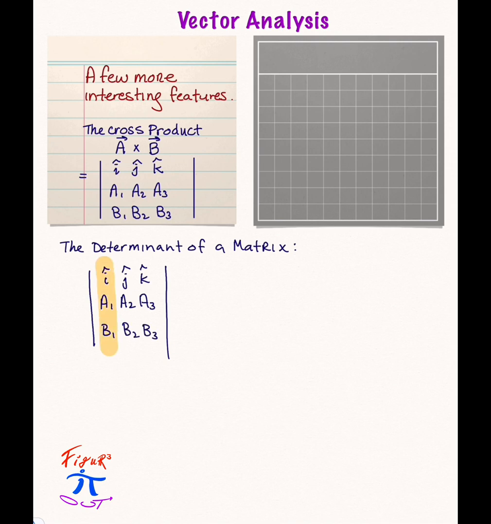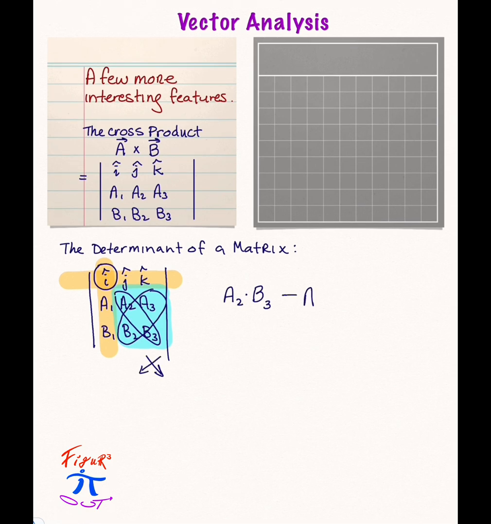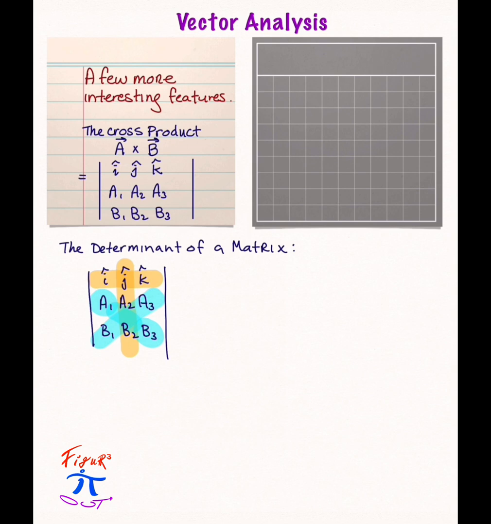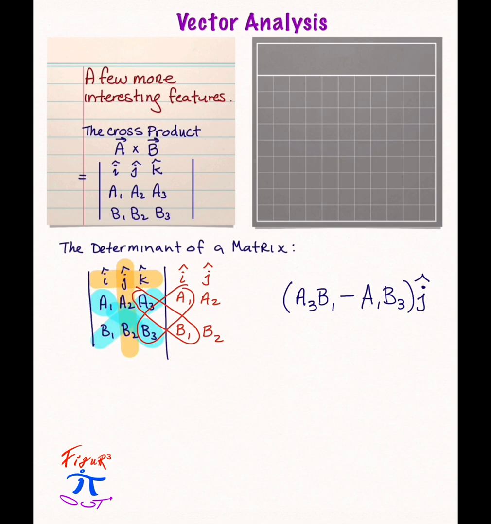A determinant is a number obtained through multiplying the rows and columns of a matrix together in a certain way. So you can see this sort of crisscross pattern as I'm moving through here. If I want to go in the j direction, I cross off the j row and the j column and use the numbers that are not highlighted in blue.